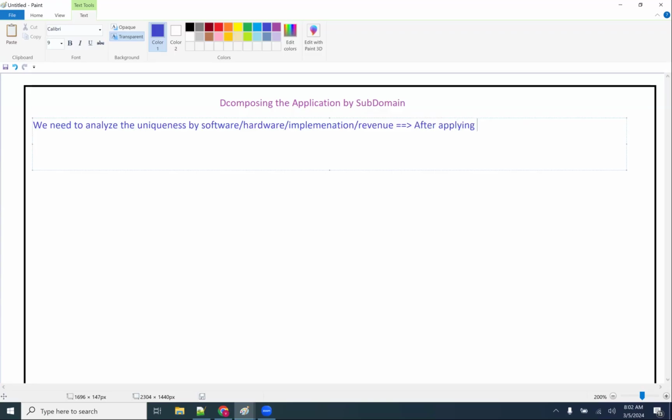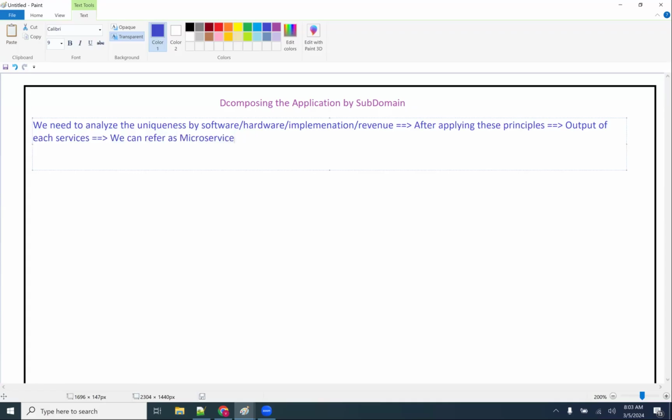After applying these principles, the outcome or output of each service we can refer to as a microservice.